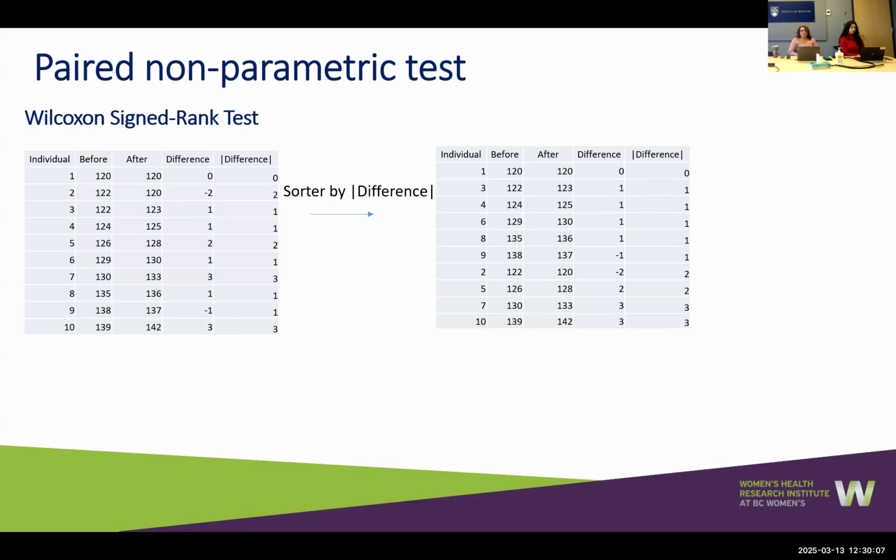After that, we have only 10 individuals, because we measured before and after for the same individuals.